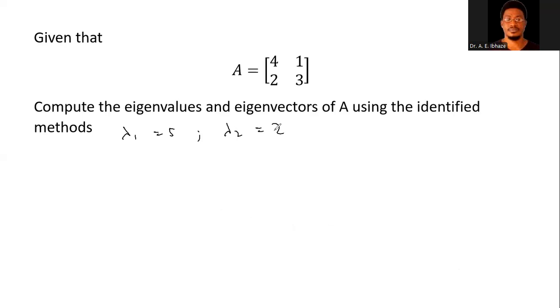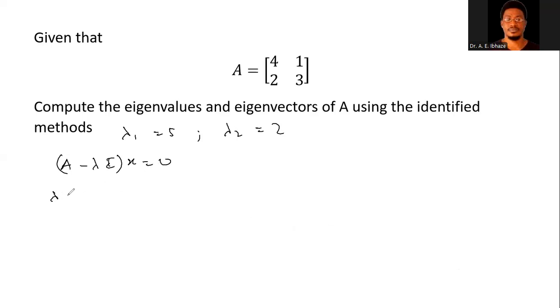Having derived this, we should be able to estimate the eigenvectors that are associated with the eigenvalues using the state equation, (A minus lambda I) s equals 0.